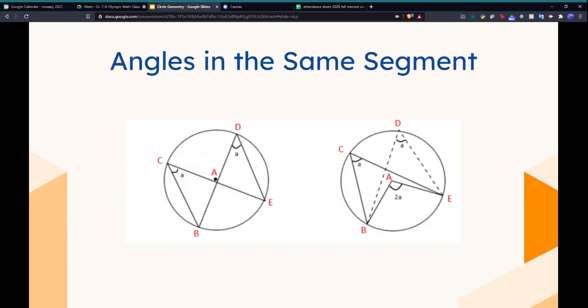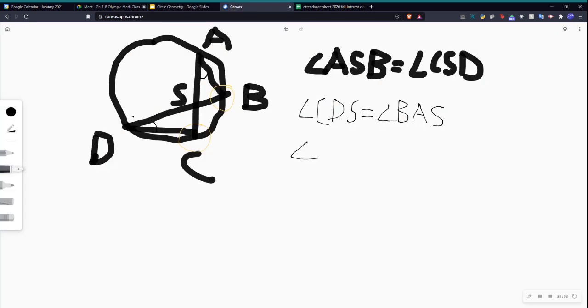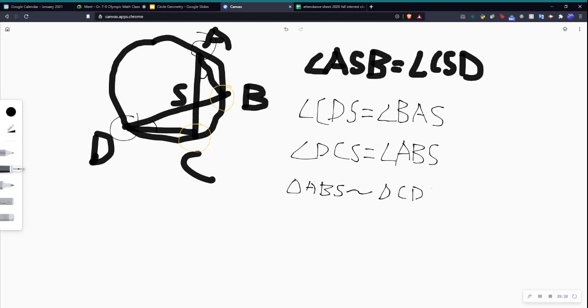But we can also use this same theorem to prove the third pair if we made angle D and angle A as our anchor points instead of B and C, right? So I'm just going to write it down anyway. So we have DCS would be equal to angle ABS. So here we have proved that triangle ABS is similar, similar is using this squiggly line, to triangle CDS. There you go. So we have proved that these two triangles are similar.